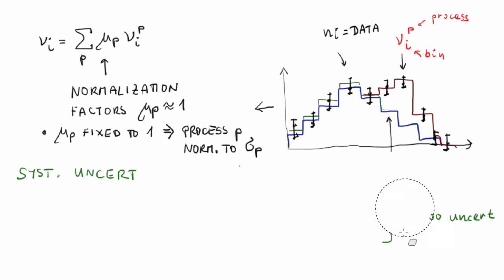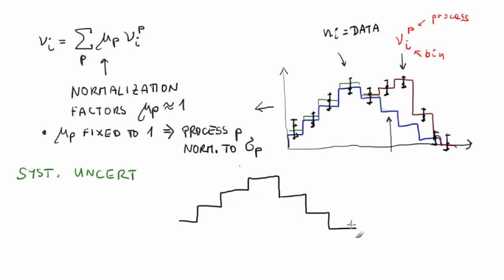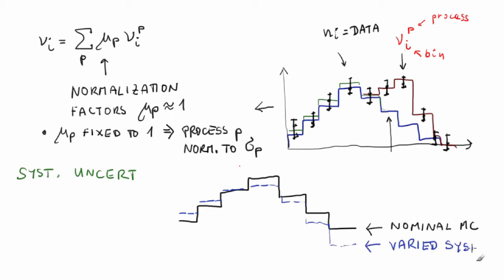In order to estimate the effect of each systematic uncertainty source on the predicted event yields, we shift the relevant underlying parameter by one standard deviation and we repeat the full Monte Carlo analysis. This way, we create a new set of Monte Carlo histograms.